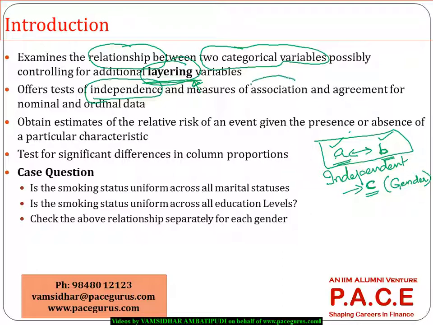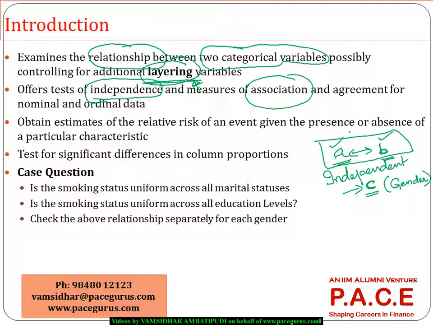And it even measures the degree of association between the two variables. In case they are related, how strongly or how weakly they are related. That is one more aspect that we can derive using this cross-tab analysis.